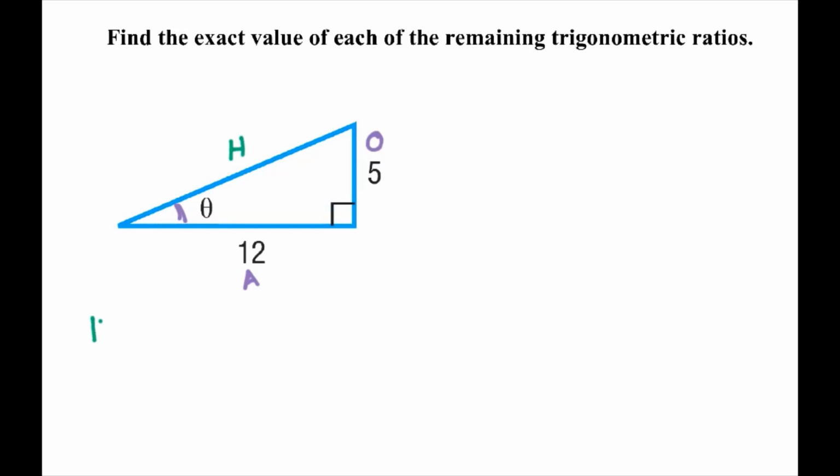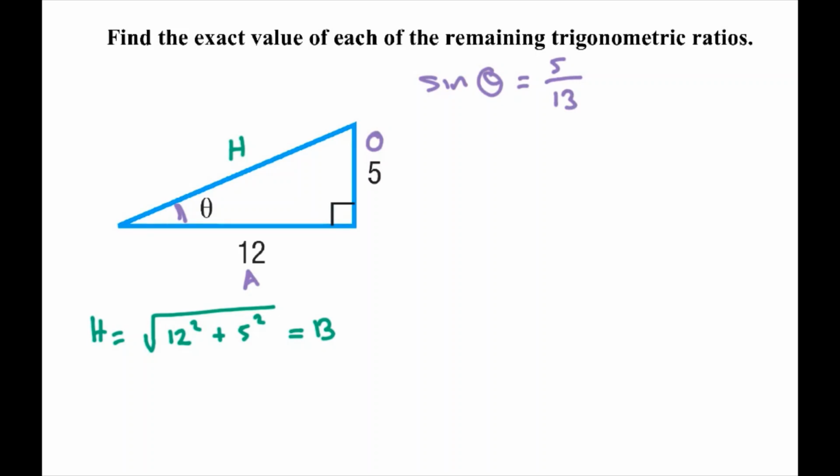So hypotenuse is basically a square root of adjacent squared plus the opposite squared, and that's going to be equal to 13.